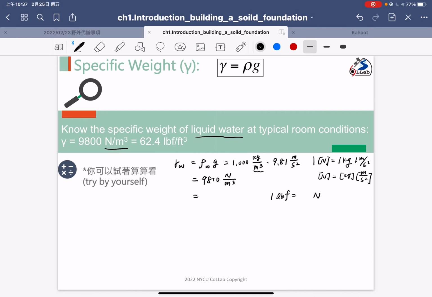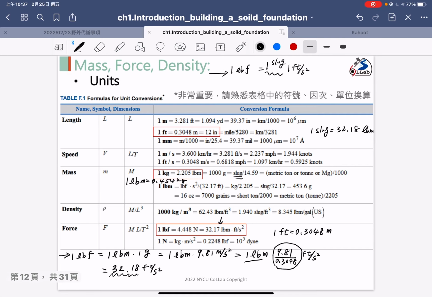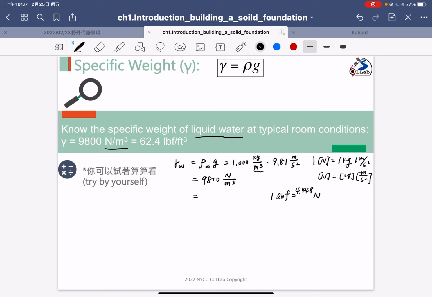If you forgot, you can go back to see the table showing here, right? It's equal to 4.448 newtons. So we know the 4.448 newton. And then we know the 1 ft is equal to 0.3048 meter, right?